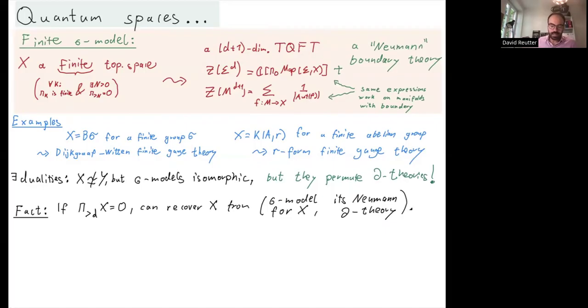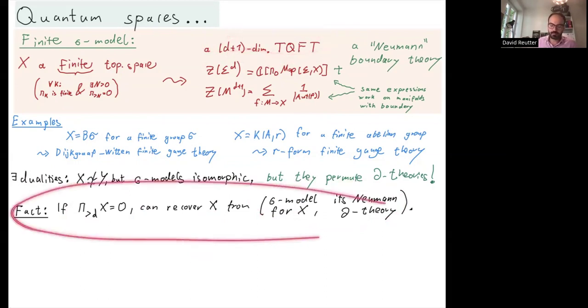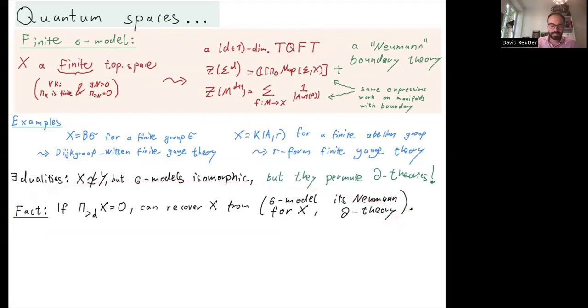And indeed, if X has trivial high homotopy groups, then you can recover the space X from this pair, as long as you interpret TQFT in a good way. You have to interpret it in a fully extended way to get this statement out. But at least at the heuristic introductory level, this is what you should think. You should think that you can recover the space X from the pair of a sigma model and its boundary theory. Okay, so these are these two pieces of information you know about X.